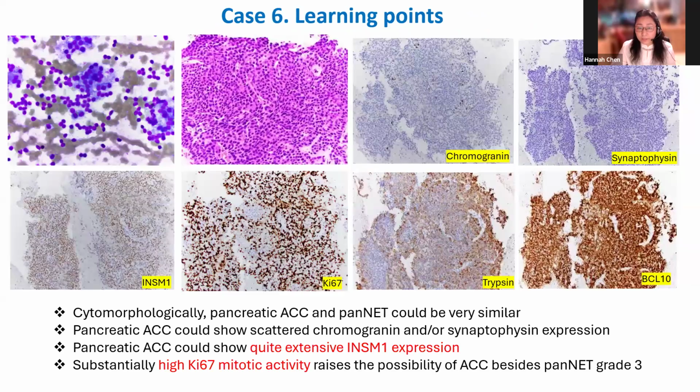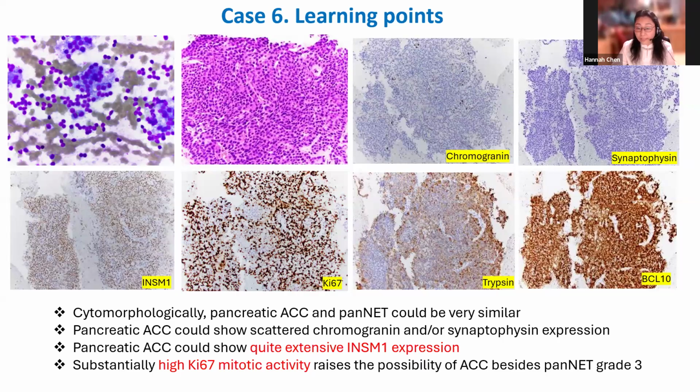The learning point for these two cases is that morphologically, pancreatic acinar cell carcinoma and neuroendocrine tumor could be very similar. Pancreatic acinar cell carcinoma could show scattered chromogranin and/or synaptophysin expression.